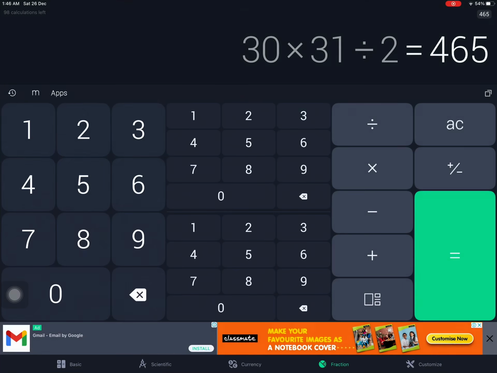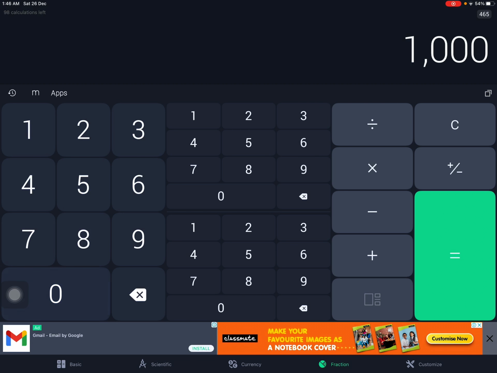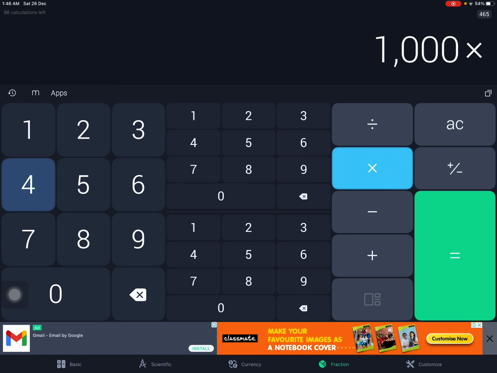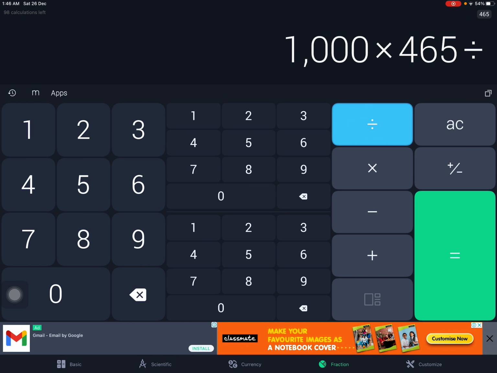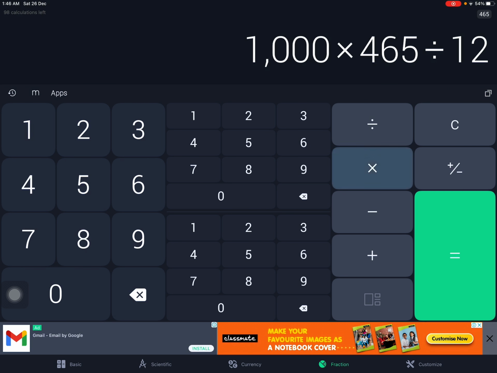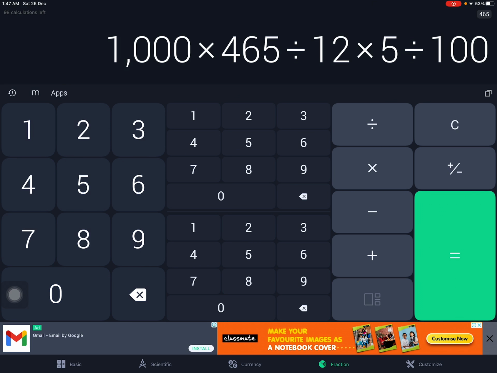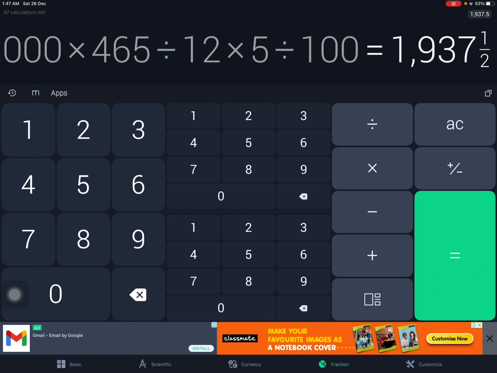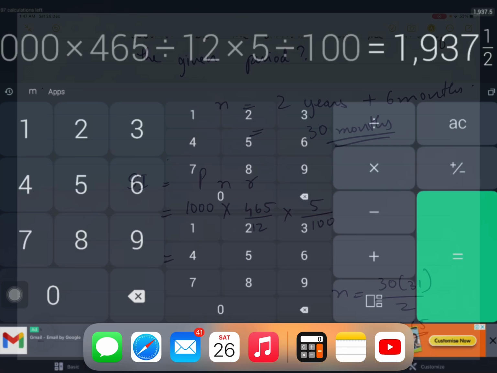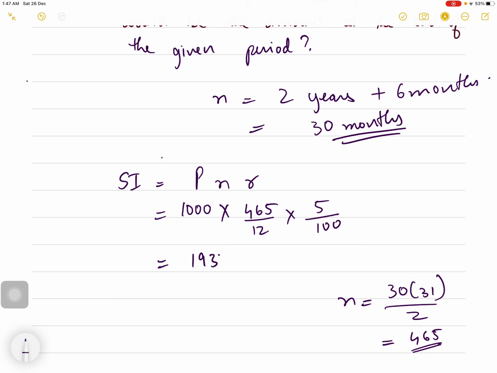When you calculate this, 1000 into 465 divided by 12 into 5 divided by 100 comes to 1937.5. So simple interest is 1937.5.